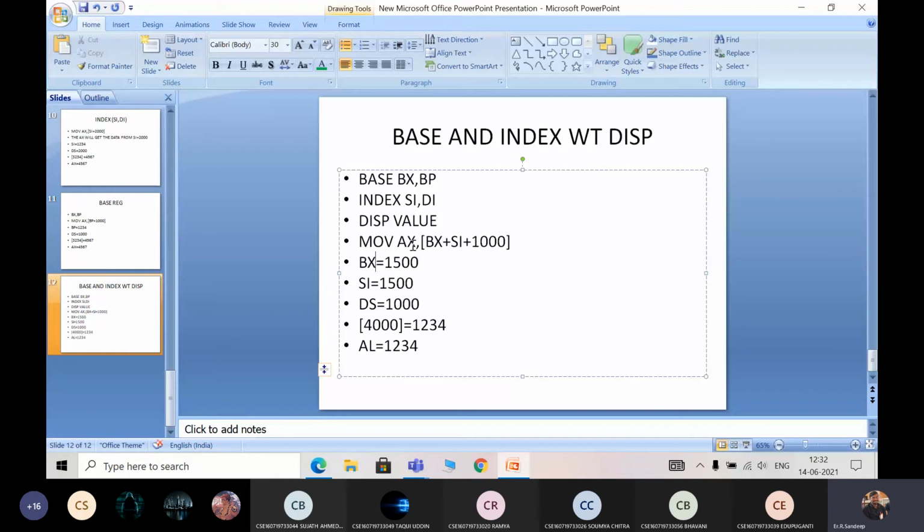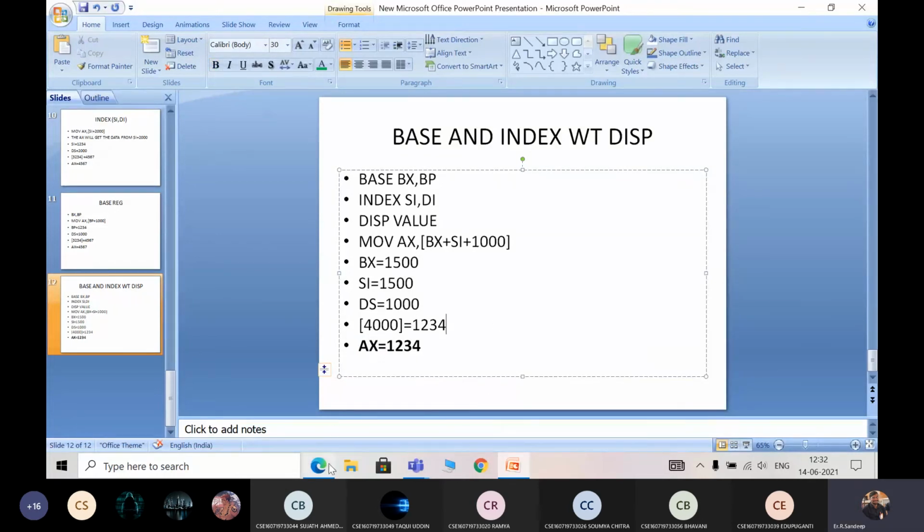And what are the contents of the AX register? They will ask like that. In that case, you need to perform all these calculations, and the value which is there at 4000 will be stored in AX.